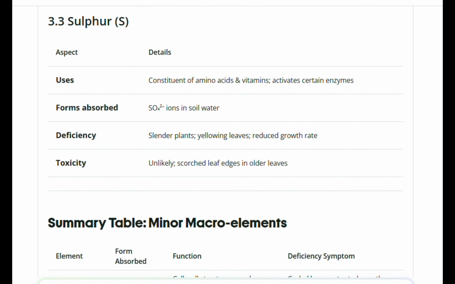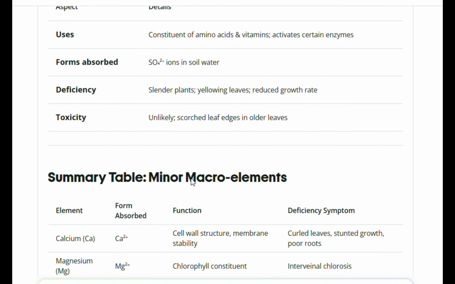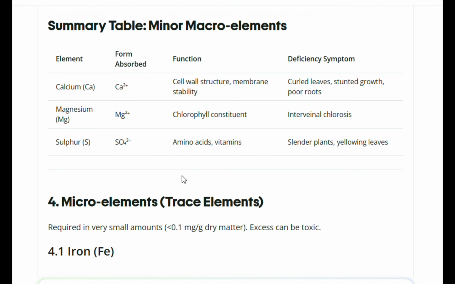Then the summary of what we were talking about. In the minor macro elements we have calcium, magnesium, and sulfur. Calcium: form Ca2+; function, cell wall structure and membrane stability; deficiency, stunted growth and poor roots. Magnesium: Mg2+; chlorophyll constituent; deficiency, interveinal chlorosis.